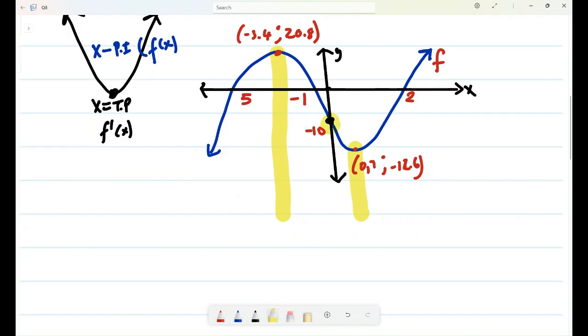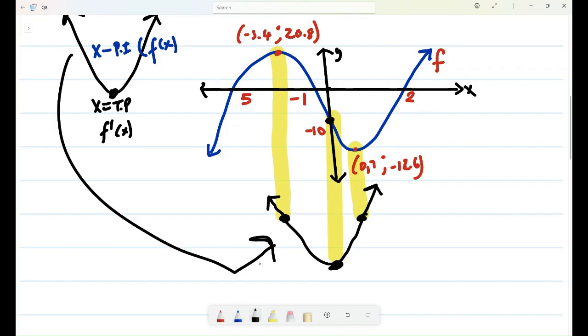Then the point of inflection becomes my turning point, more or less like this. You see what I mean when I say the x coordinate of the point of inflection of the cubic function is the x coordinate of the turning point.